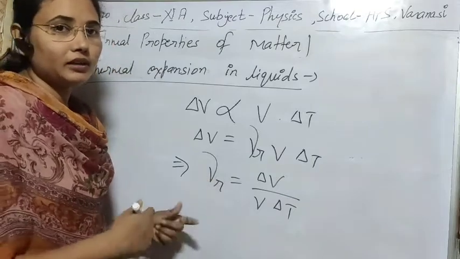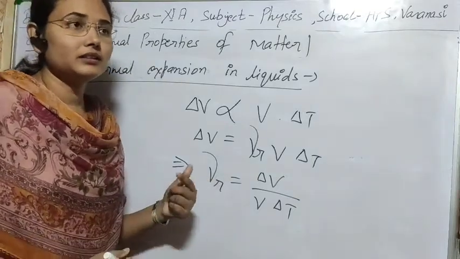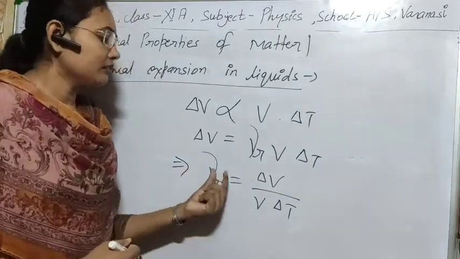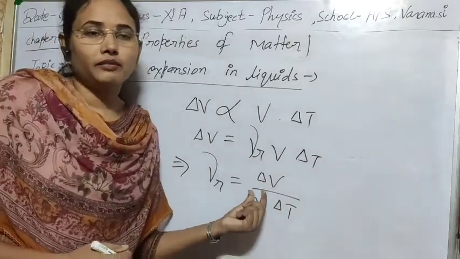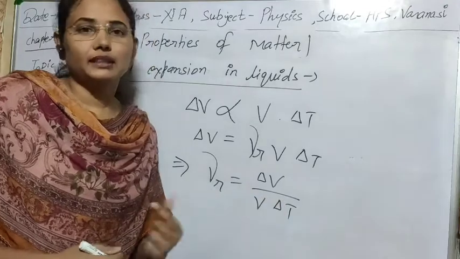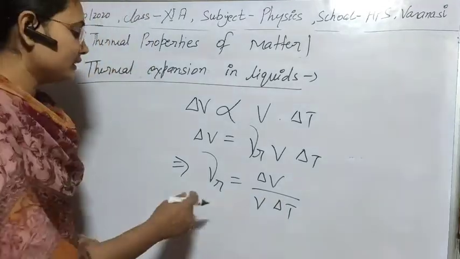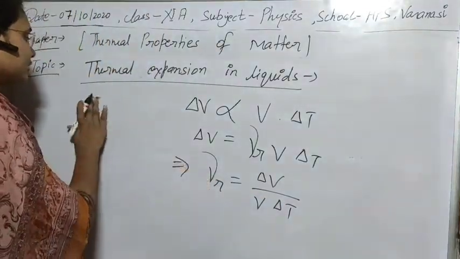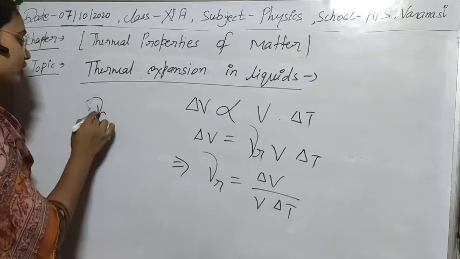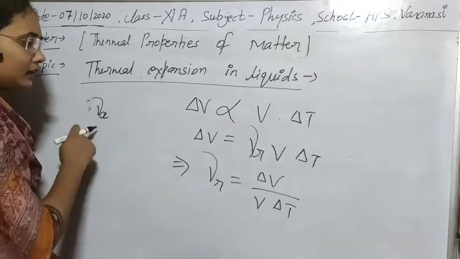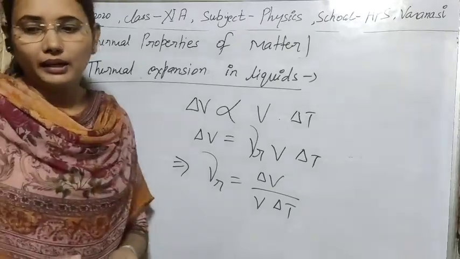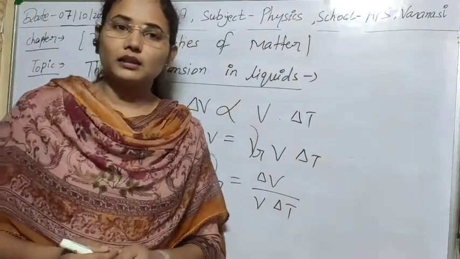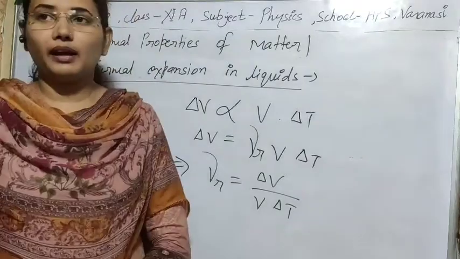And if we are taking the case of apparent expansion, then we define it as change in apparent volume of the liquid per unit volume per degree rise in temperature. So I think both the factors are clear to you now. We can denote the coefficient of apparent expansion by gamma A. So I think in both cases you don't have any problem.